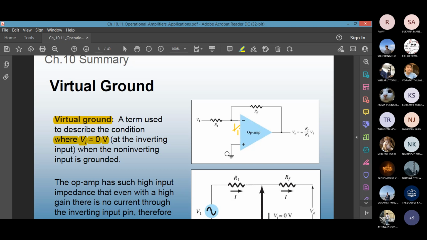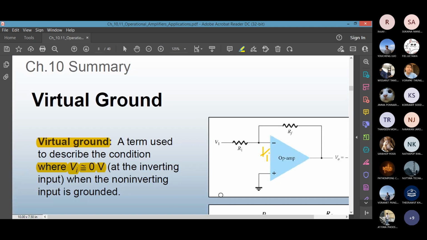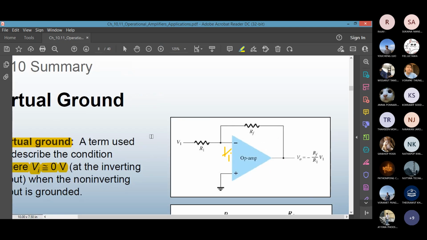I'd like to give some number to illustrate this example. Let's say the op-amp is operating in open loop mode. There is no feedback loop, there's no feedback resistor. Let's say your output voltage in the open loop mode is -10. And the open loop gain, we will say, is 20,000.